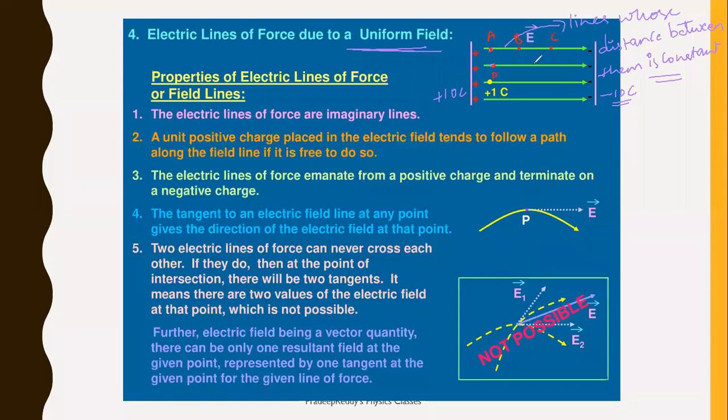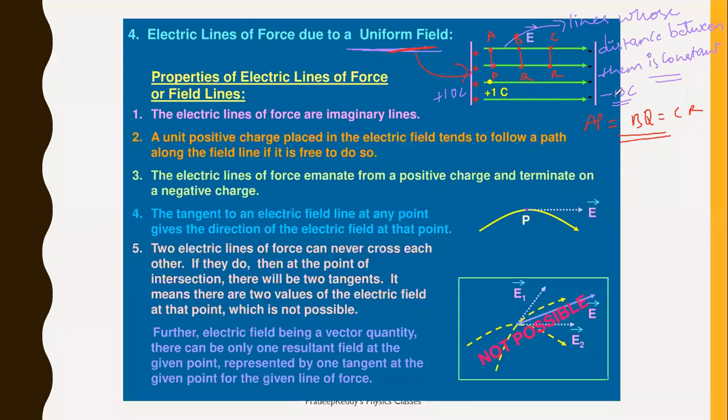It is P and this is Q and this is R. Now as the field is uniform, the separation between AP, separation between BQ, separation between CR, all those separations are equal. So therefore AP length is equal to BQ length is equal to CR length. This represents that the field is uniform.